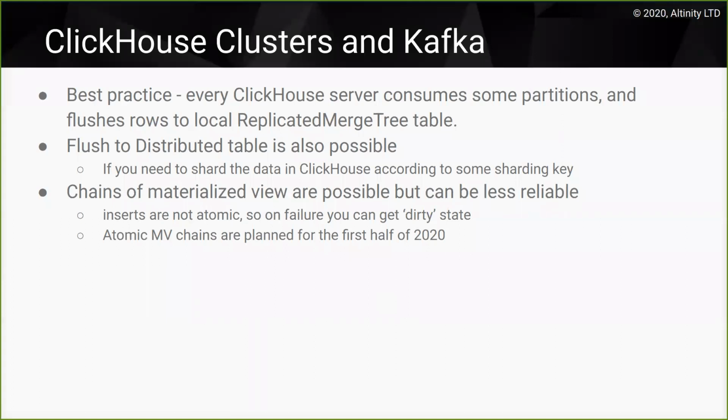You can also build chains of materialized views, so you can build quite complicated pipelines. For example, from Kafka copy data to table A. From table A copy data to tables B and C. From table C copy data to D and E, and so on. And from E, for example, you push the data back to another Kafka topic. So at that point you can use ClickHouse as a stream engine.